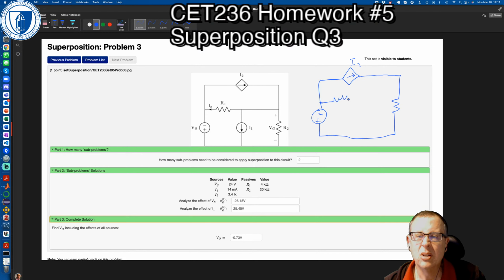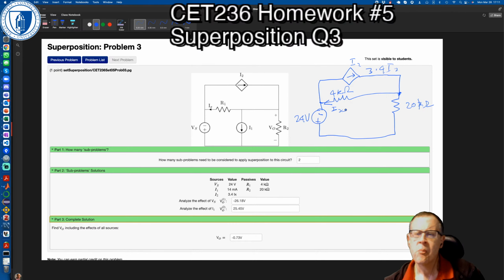So all we've got is R1, which is 4K, and R2, which is 20K ohms. And Vs is 24 volts, and I2 is 3.4 times Ix, and Ix is defined there.